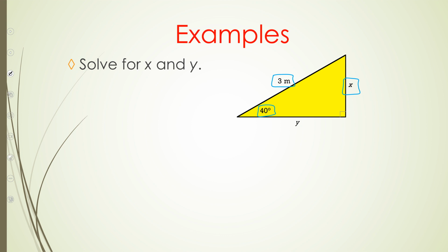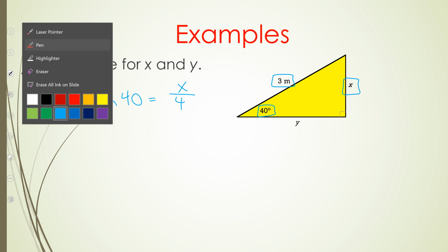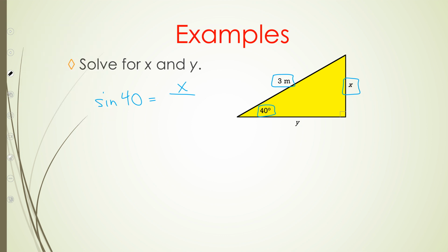And you would tell me the sine function. Then I set up an equation. The sine of the angle is equal to the side opposite over the hypotenuse. I don't know what I just did there. Why did I put a 4 in there?